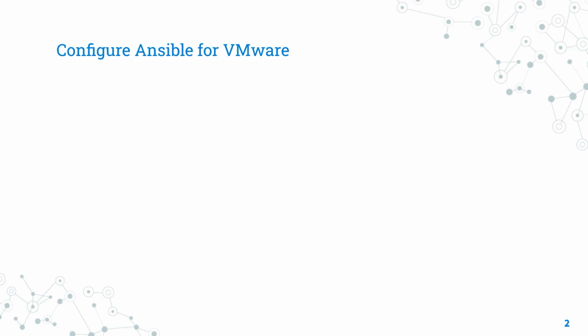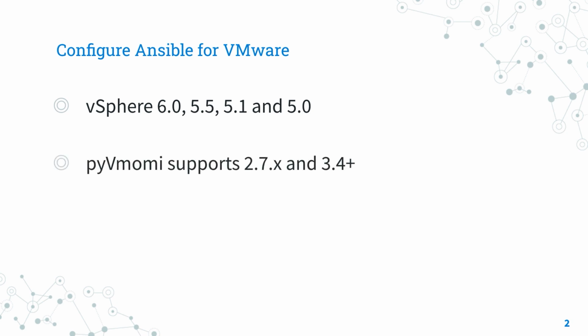The supported nodes include all the modern releases of VMware vSphere. The full list includes vSphere 6, 5.5, 5.1 and 5.0. Ansible VMware modules are written on top of pyVmomi. pyVmomi is a Python SDK for the VMware vSphere API that allows users to manage ESX, ESXi, and vCenter infrastructure.